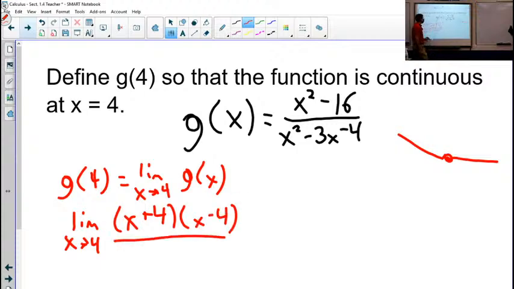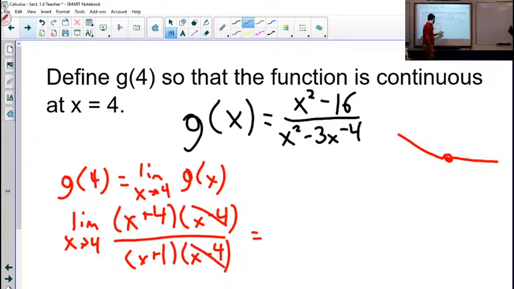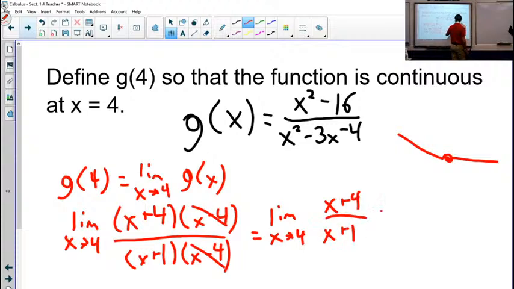And then on the bottom, how does this one factor? Now we can cancel on top and bottom. x plus 4 on the top, x plus 1 on the bottom.